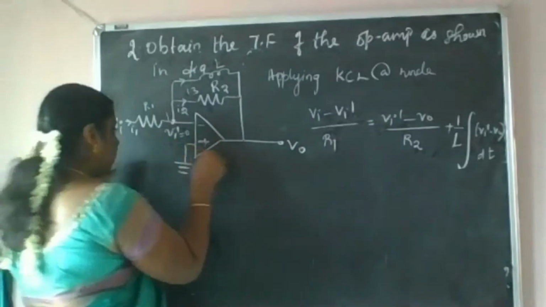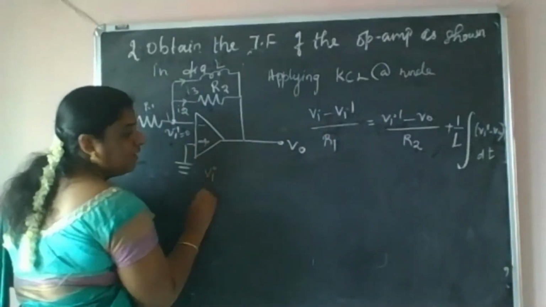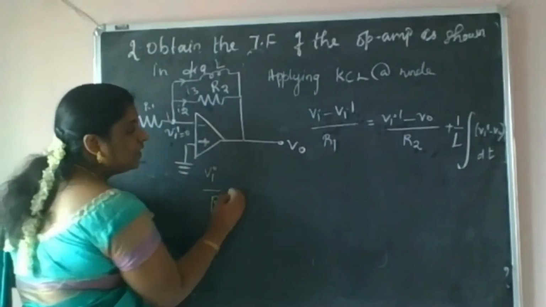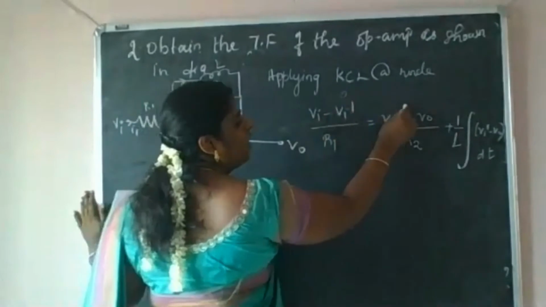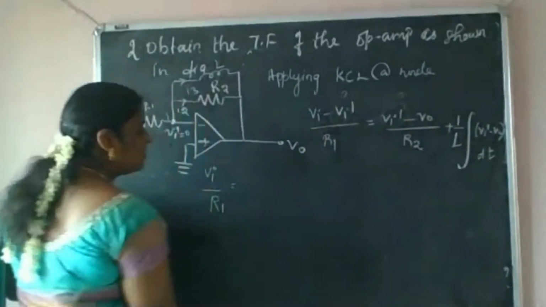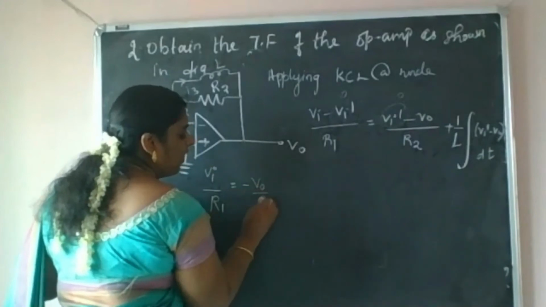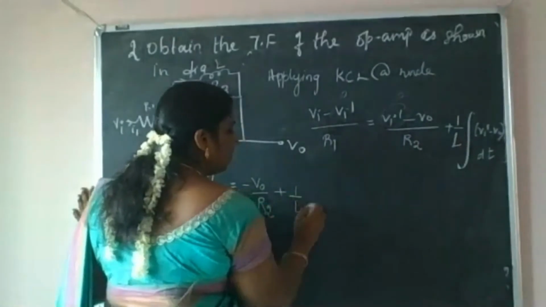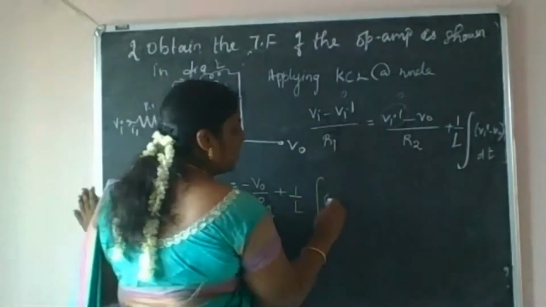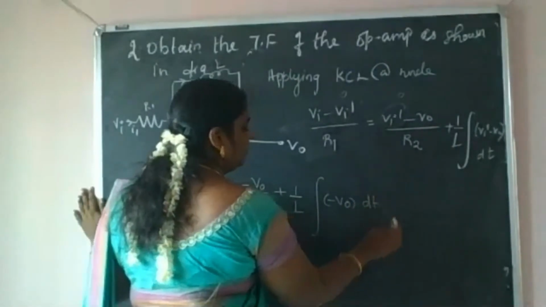By substituting the value of Vi dash in this equation, we will get Vi divided by R1 is equal to, substituting 0 for Vi dash, minus V0 divided by R2 plus 1 by L into the integral of minus V0 dt.